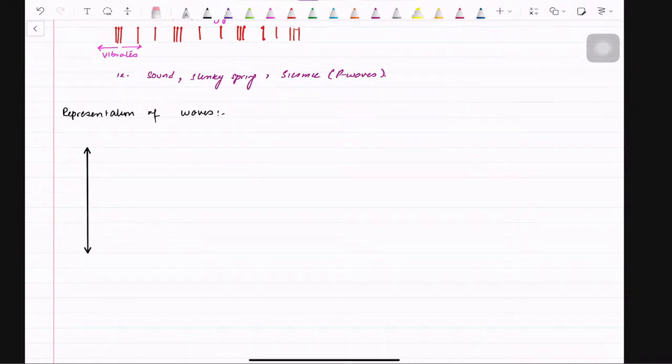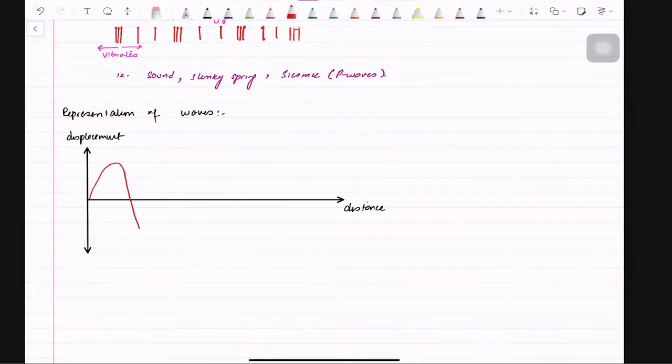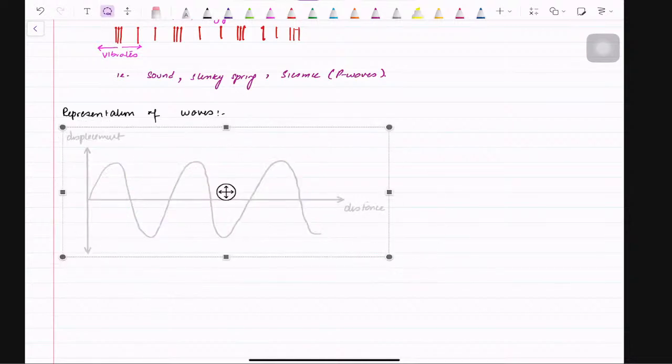First, you will have displacement on the y-axis, and then on the x-axis you have distance, and you can create the wave. Okay, I'll also like to copy this, maybe you need to use it later.